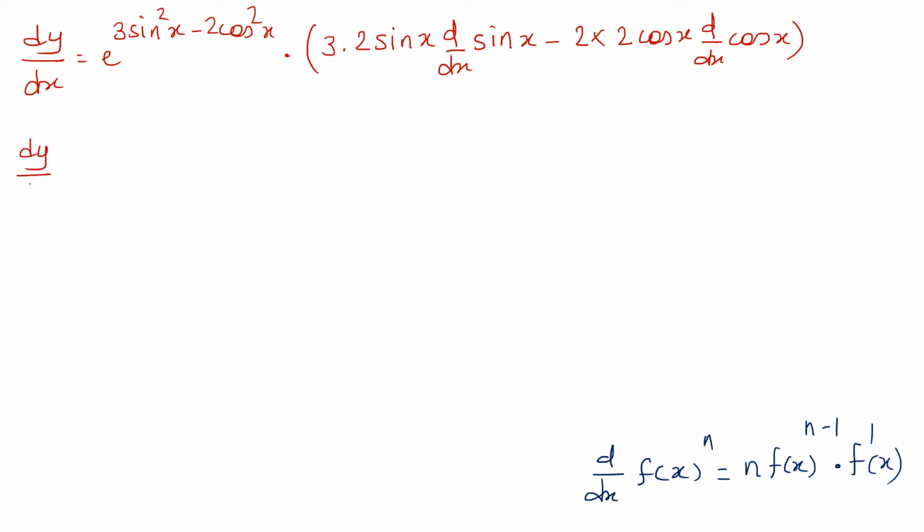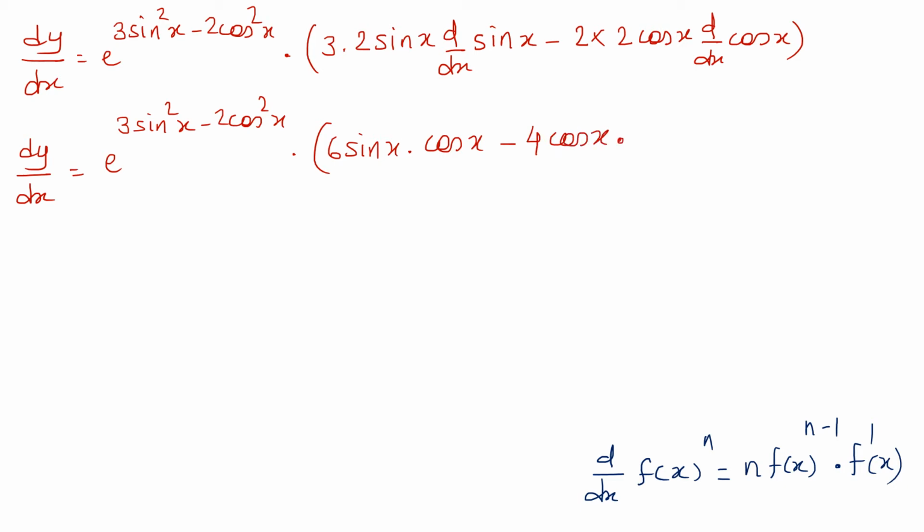And in the next step dy by dx can be written as e raised to 3 sine square x minus 2 cos square x into, this is 6 sine x into the derivative of sine x, which is cos x, minus 4 cos x into the derivative of cos x, which is minus sine x.